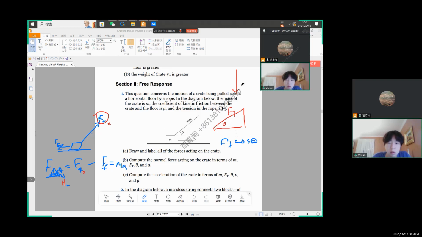FT cosine theta. Yes, so this one is okay. Then F friction is mu times the normal force, which we found before. So it's mg minus FTy, which is FT times sine theta. Then you divide by m to get the acceleration.